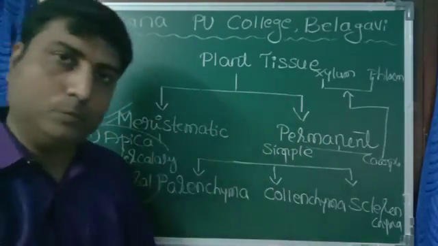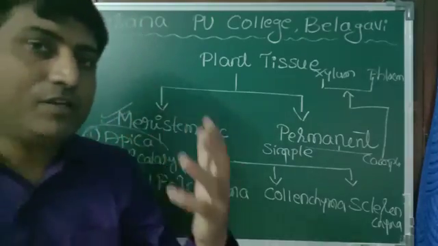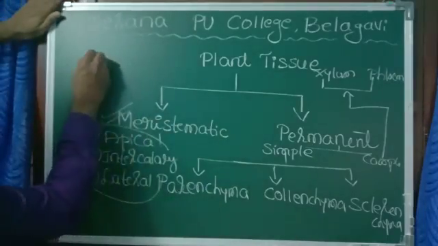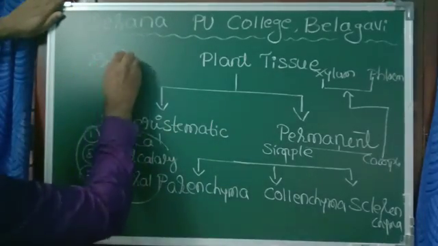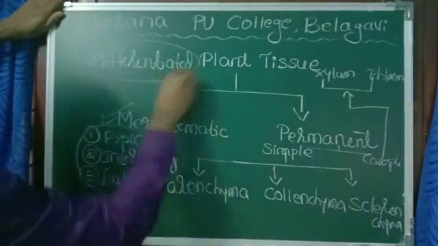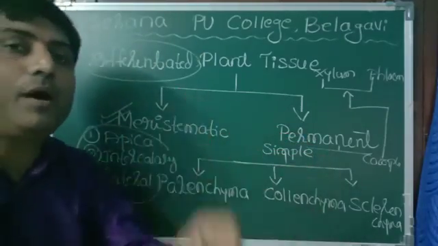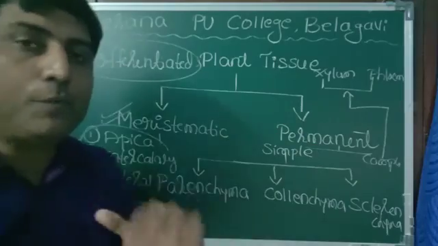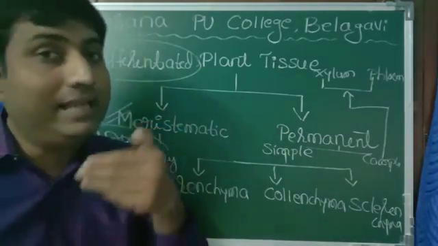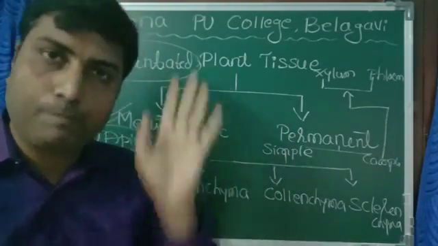Coming to permanent tissue. Meristematic tissue, once they divide, after a certain period it gets matured, or we call it differentiated, and loses the property of division. Then we call them permanent tissue.